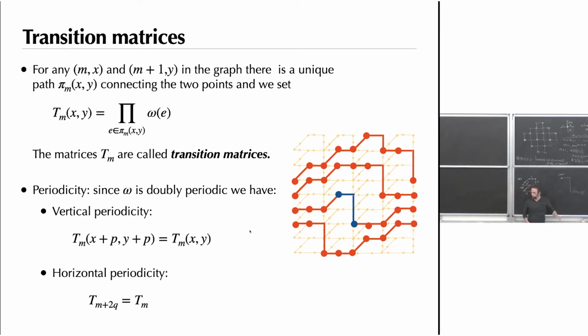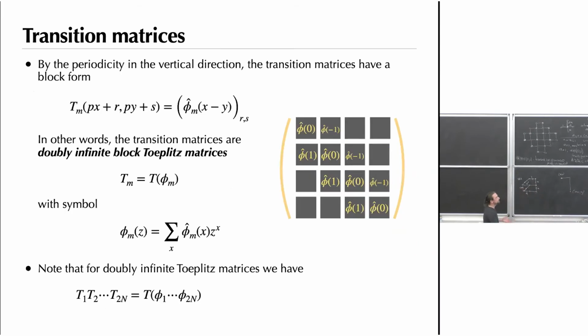Let's go to the vertical periodicity. The vertical periodicity means basically that my transition matrices are block Toeplitz matrices. Because at a point (px + r, py + s), they only depend on the value of x and y here for each, right? So they have this block structure.